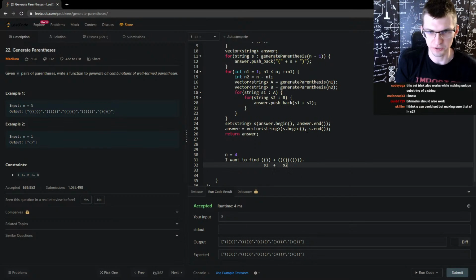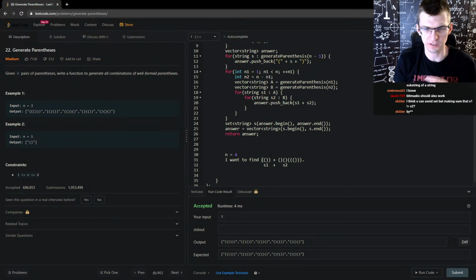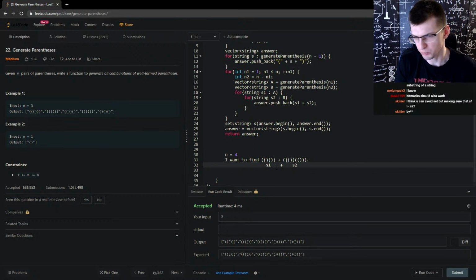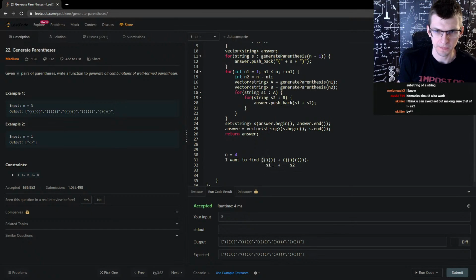Basic means that I created it by encapsulating something in open and close brackets. Inside there might be something more complicated, like this, but what's important is this cannot be split into two smaller parts. This is what I call basic. Maybe a better word for this is atomic. I think it's used in some parts of programming. So something that cannot be split.